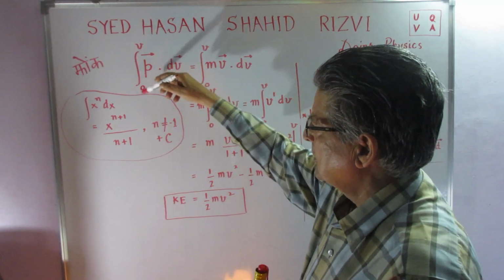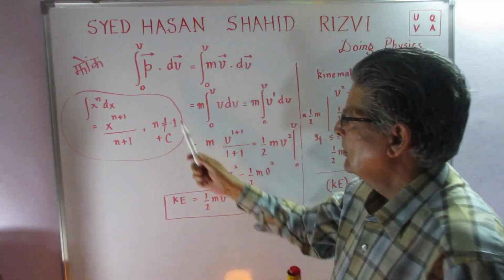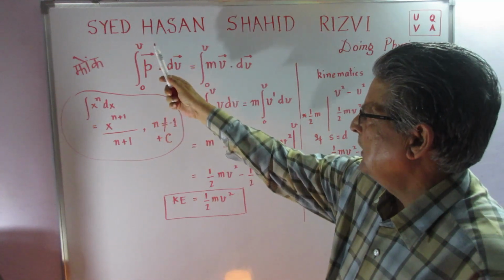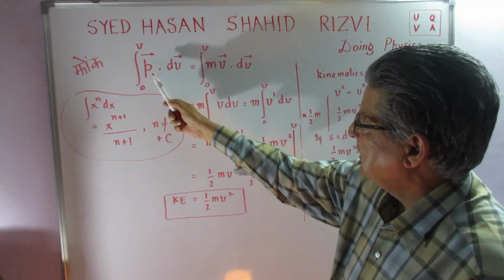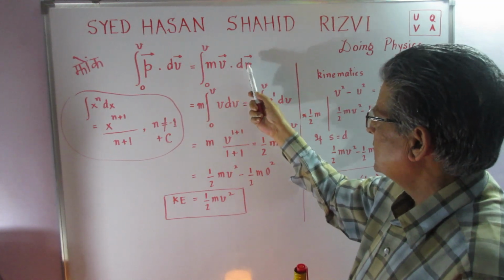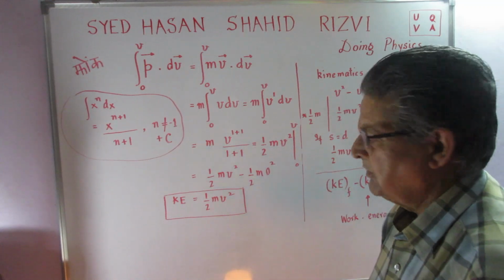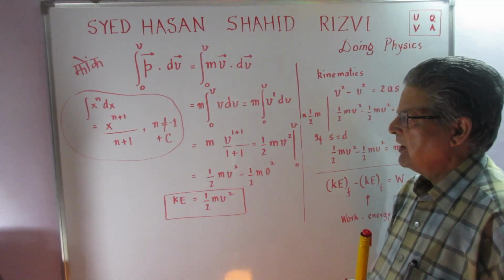Integration, I carry it out over the limit 0 to v. Because p is defined as mv, I write it as mv dot dv, and then I proceed like this and find the value of kinetic energy as equal to half mv square.